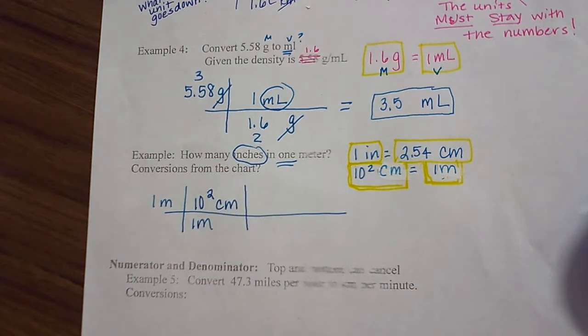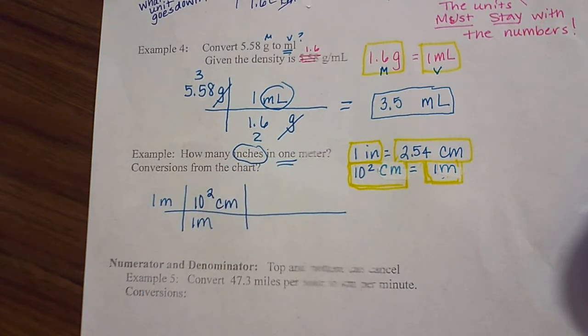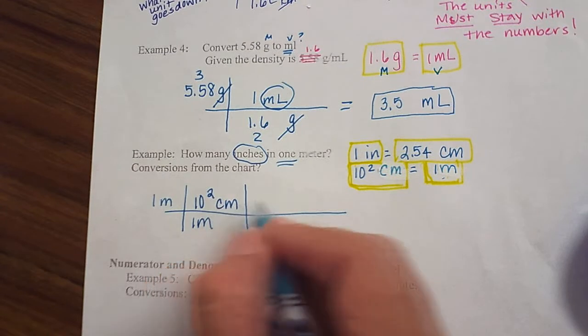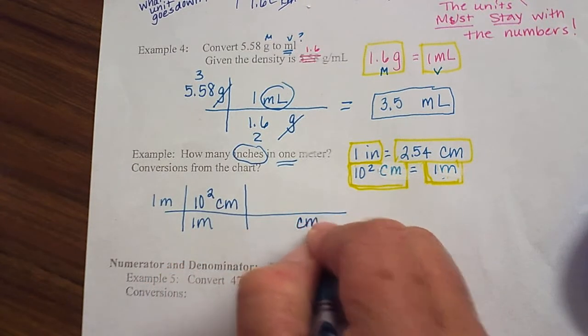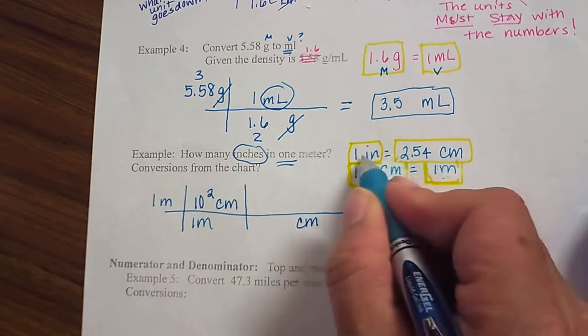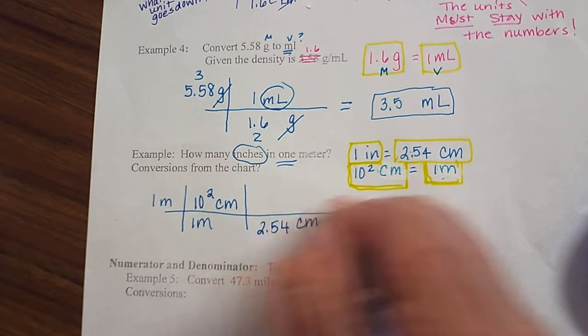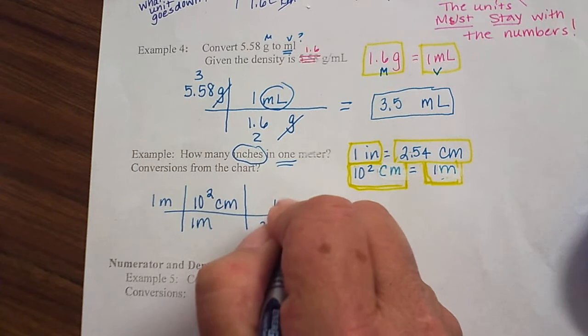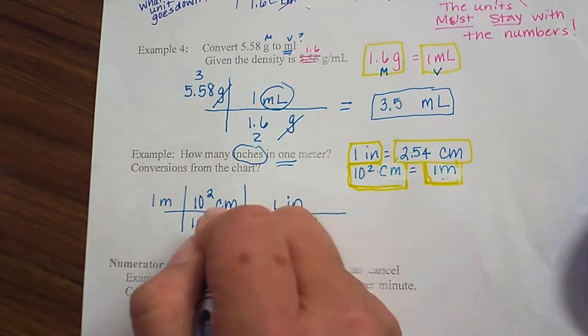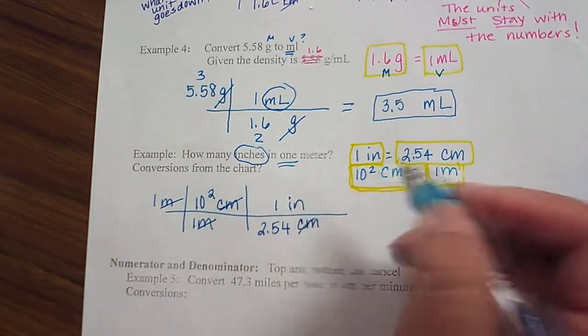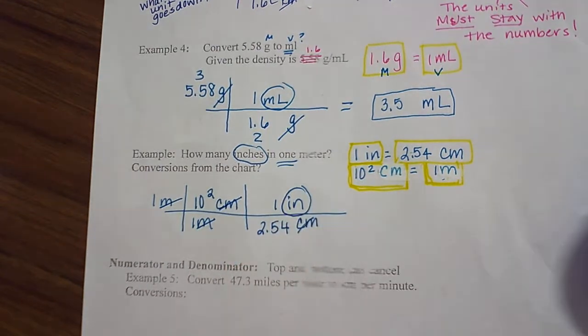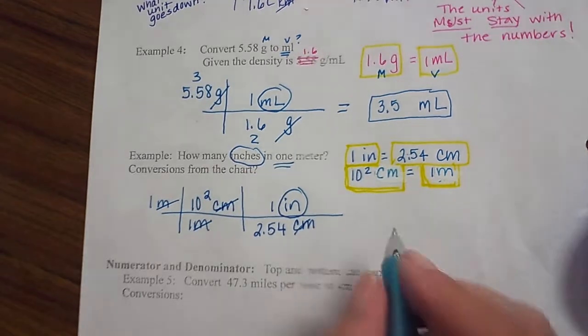So then I'm going to ask again, what unit goes down? So centimeters is going to go down. How many? Well, I look at my conversion here, 2.54 centimeters, and what's on the other side of it is 1 inch. So now I can cancel my centimeters, cancel my meters, and what's convenient is I'm left with inches, which is great because that's what I want.